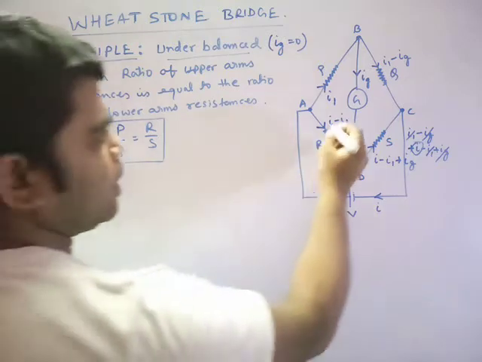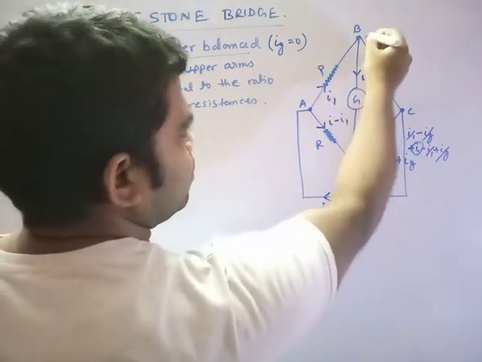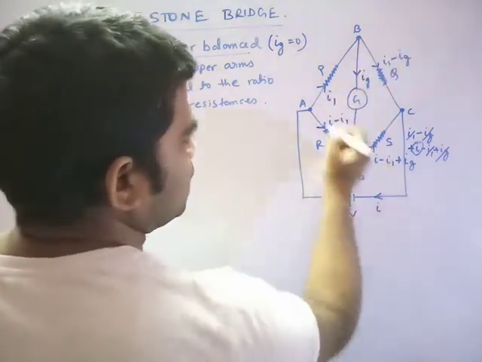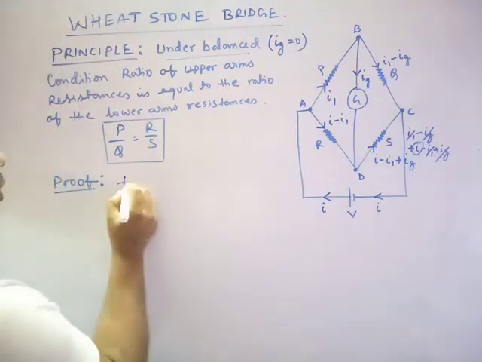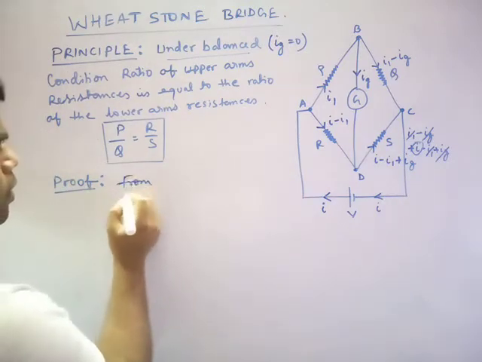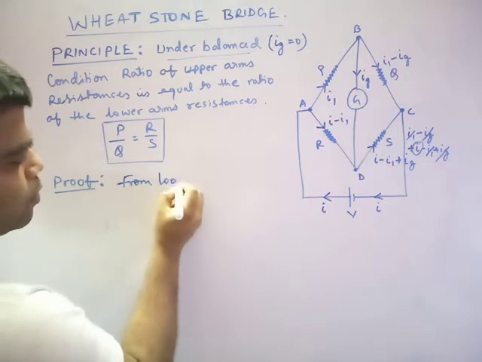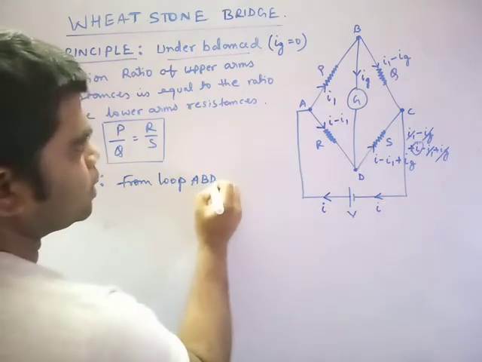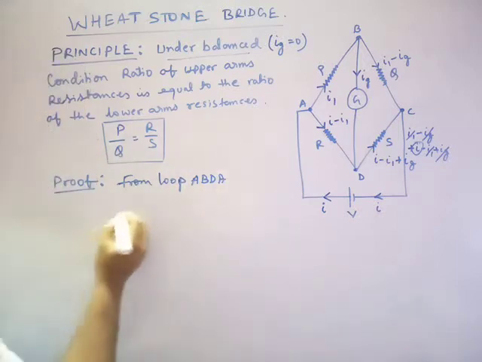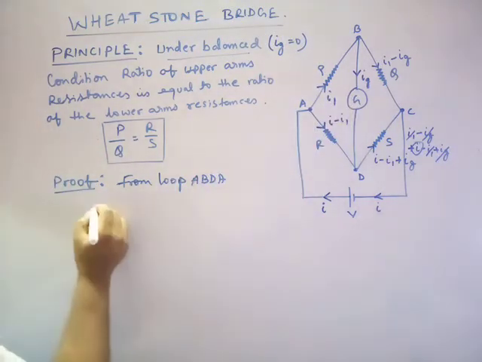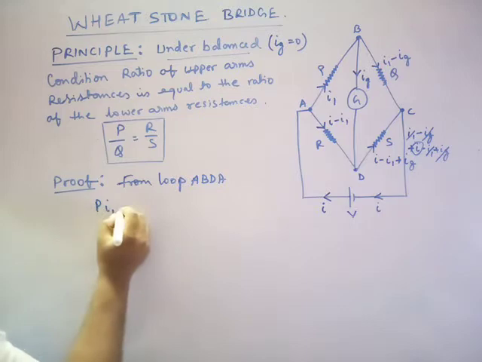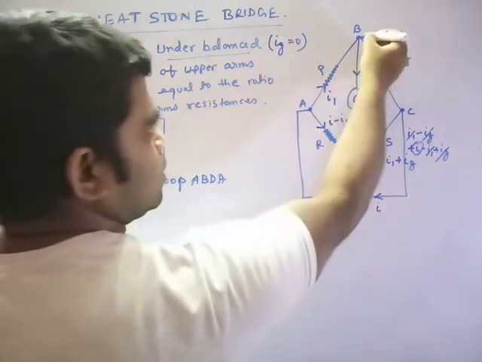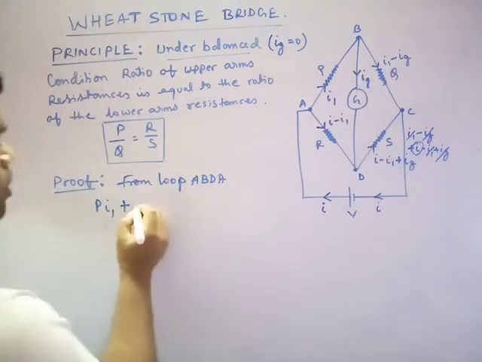So let me consider the first loop, A B D A. From loop A B D A, I will write P into I1 plus G into Ig.